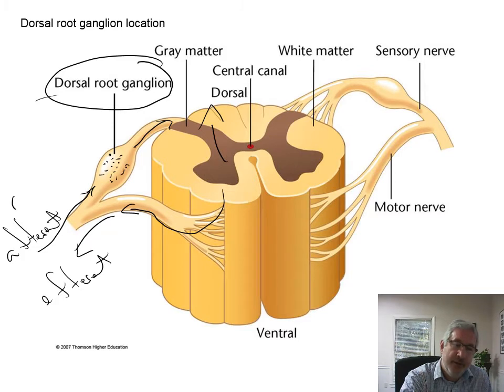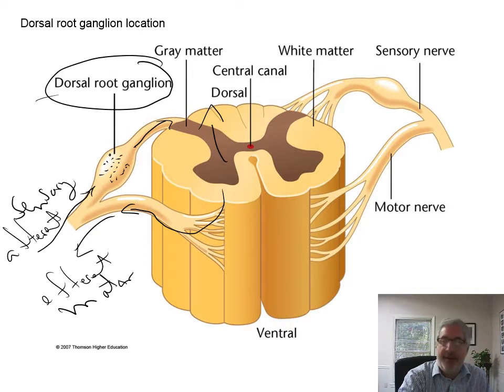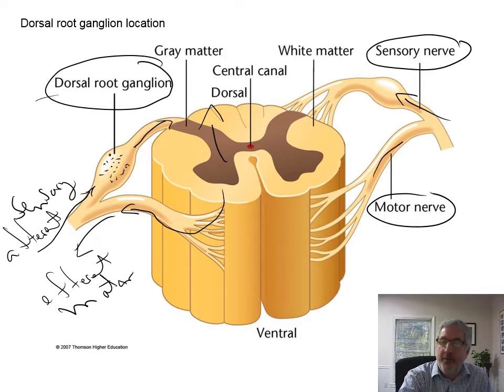So this is sensory, and efferent is motor, going back out again. So that's why it says over here, sensory nerve coming in, and the motor nerve is going back out. So there's your pathway. Next slide.